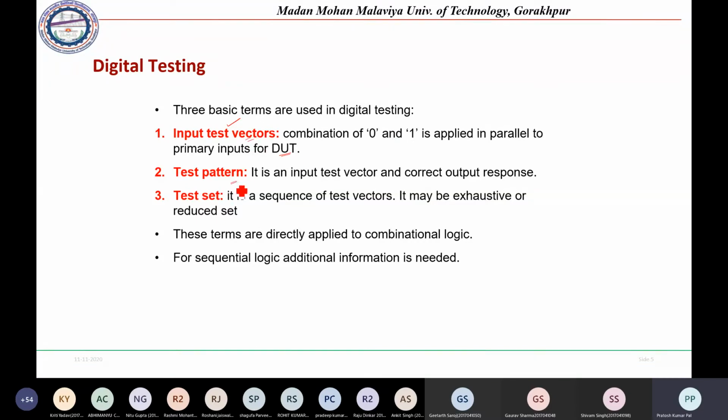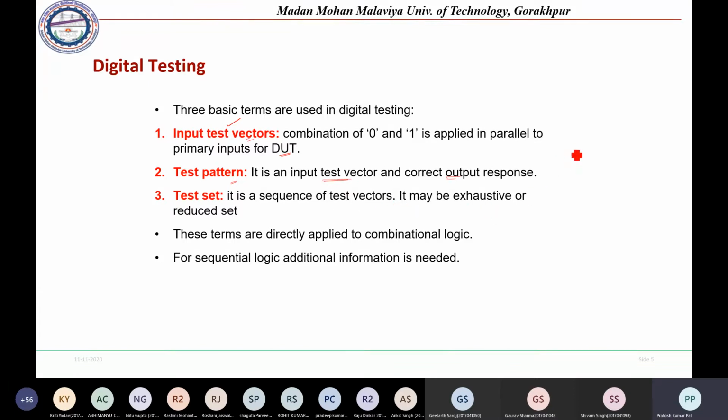Test patterns are an input test vector and the correct output response. So whatever combination of inputs or test vectors we provide, and the correct output we get with respect to that, will be called test patterns. And test sets are the collection of these test vectors that will be exhaustive or reduced.